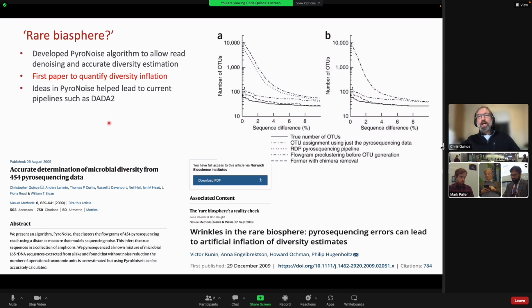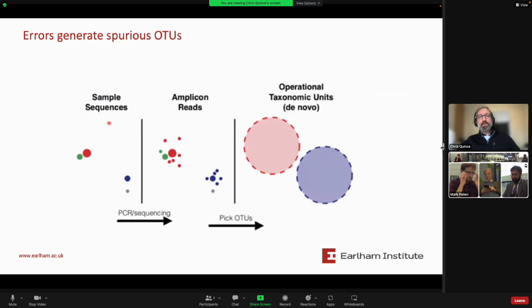These days, probably the most used algorithm is something called DADA2, and that's what you're going to do in the tutorial later on this morning. So we'll talk a little bit more about error correction for 16S and DADA2 in particular. So what's going on here? So the principle is in our sample, we've got different sequences from different species, and that's shown in these 4 different colors here.